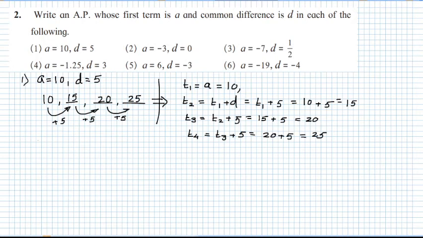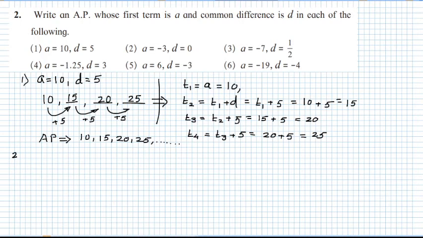So what is the AP now? Finally, what is the AP? Just write the terms 10, 15, 20, 25, and so on and so forth. Will go. Okay, so we write the first 3 or 4 terms. Okay, that was the first example.